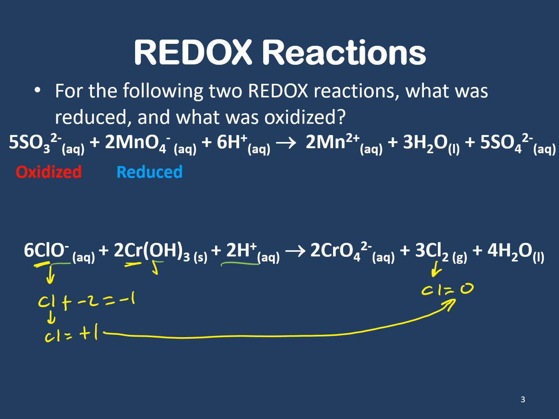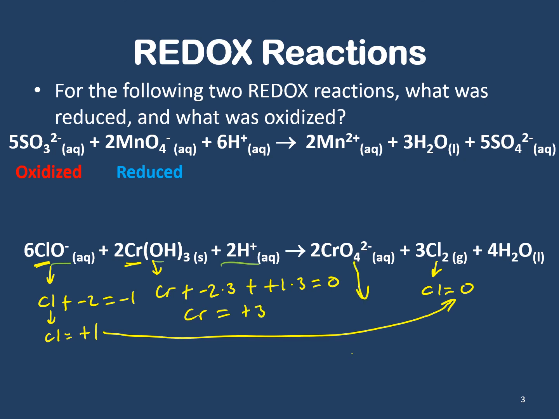At the same time, if we look at chromium here, we have chromium plus 3 oxygen, so -2 times 3, plus hydrogen, which is +1 times 3. This all has to add up to 0. This tells me that chromium's oxidation number is going to be 3+ in this compound.